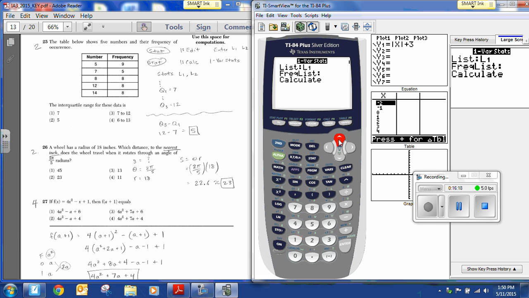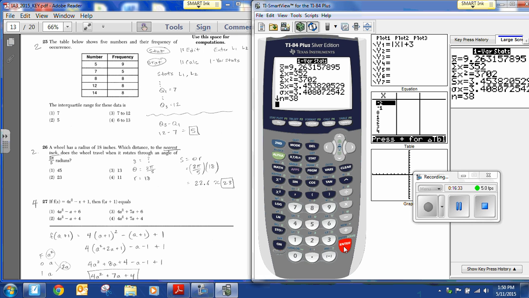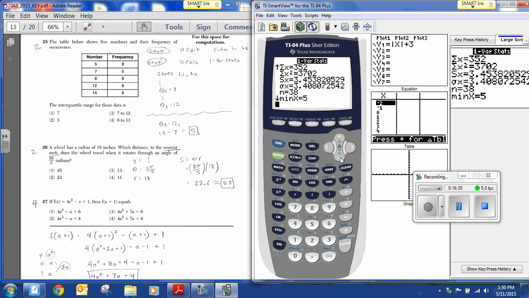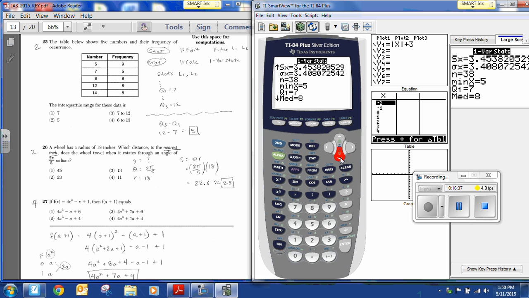Sorry, the list was actually L2 because my calculator was different, and the frequency list is actually L3. Hit enter, hit calculate. And here we go. We have our minimum X value, our maximum X value. And here's Q3 and Q1, which is 12 and 7. And the interquartile range is 12 minus 7.